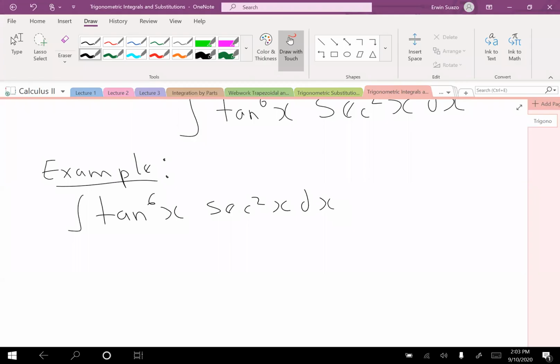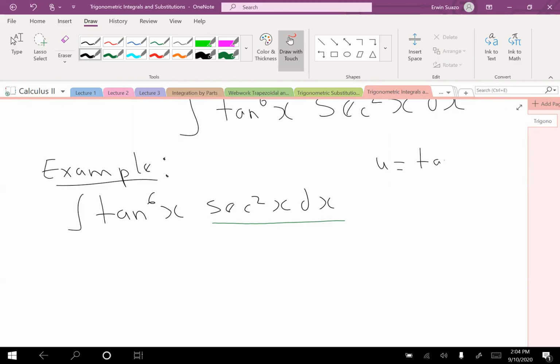So here, when we see this, we see a relationship. You see that you have secant square. So we could try u equals tangent to see if it works.